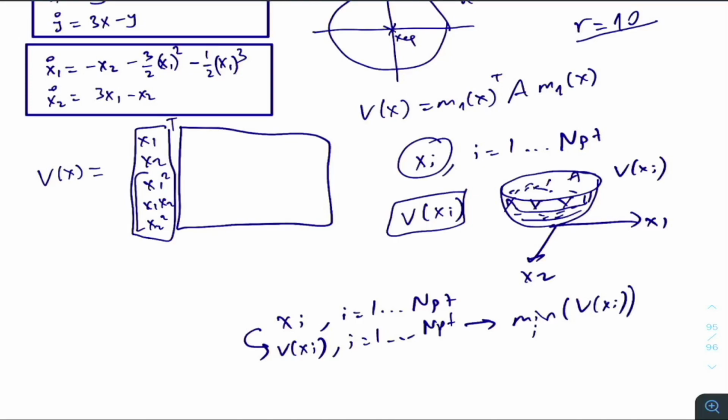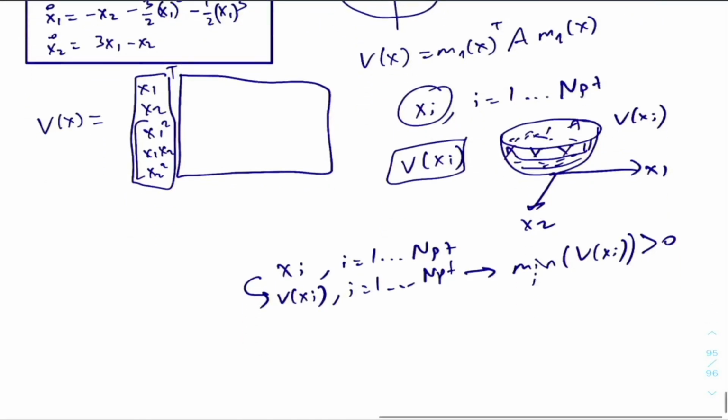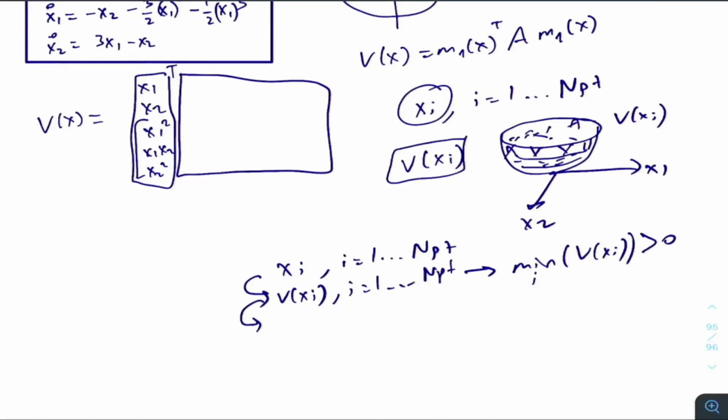And you should see something that is less than 0. I'm sorry, I made a mistake again. That is greater than 0. That must be positive. And after that, since you have an A term, you have x transpose Ax. By the way, I wouldn't say x transpose, but M1 of x, A, M1 transpose M1 of x. This is your V of x.